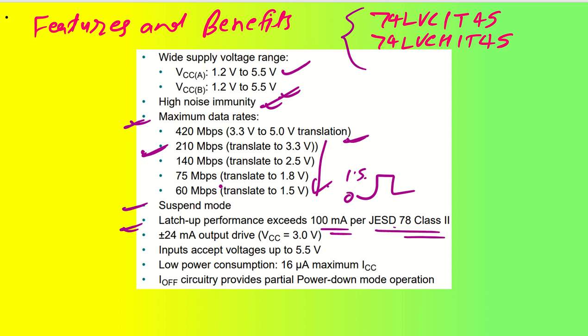It can give an output drive of up to plus or minus 24 milliamperes, so it has the capability of giving you 24 milliamperes per channel. Input accepts up to 5.5 volts, which I already told you. The power consumption is 16 microamperes maximum ICC, so it is not going to take more than 16 microamperes from the VCC pin. It also has Ioff circuitry, which provides partial power-down mode operation.